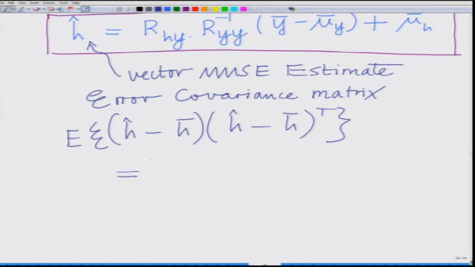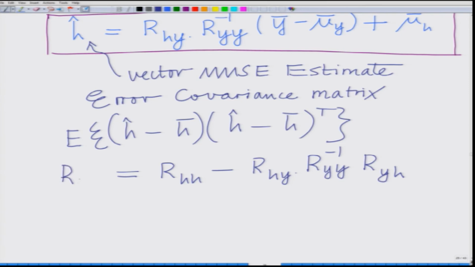Again, instead of the variances and the covariance, I replace them by the covariance matrix and the cross covariances. I can write this as R_hh minus R_hy times R_yy inverse, that is the covariance matrix of y inverse, times R_yh.